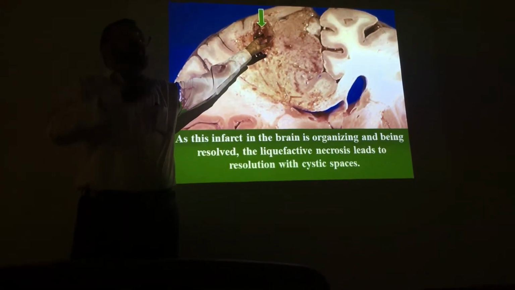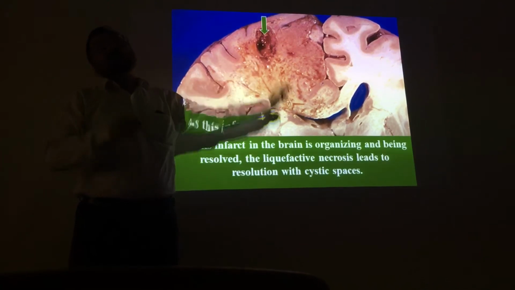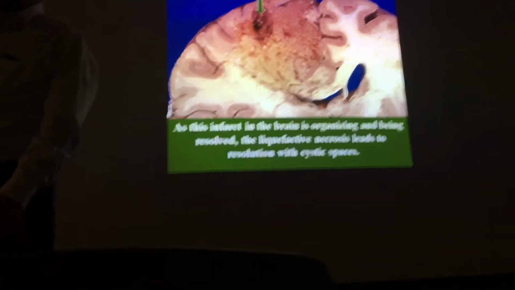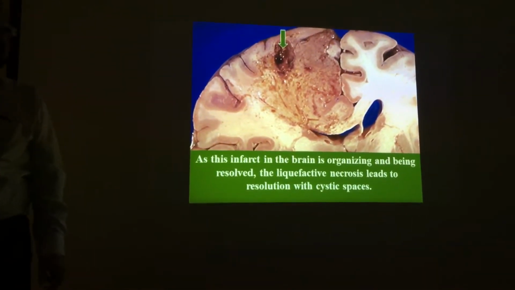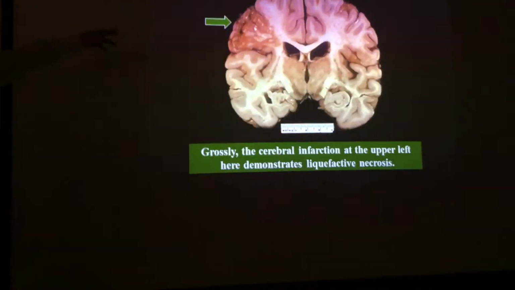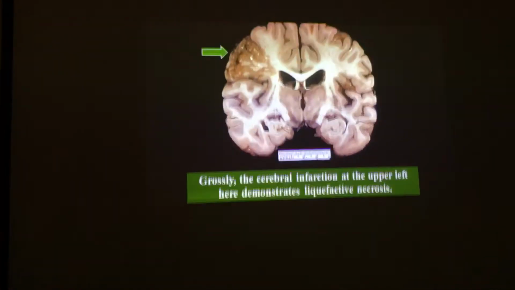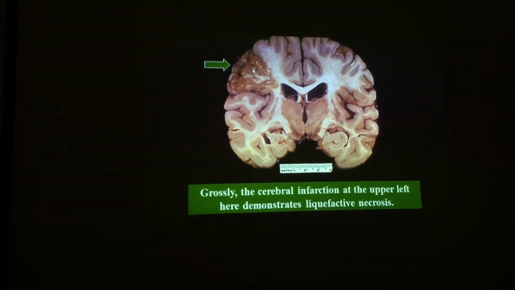In the brain, liquefactive necrosis is caused by ischemia. Liquefactive necrosis in other parts of the body is caused by infections. Very good. Now you can see another area. So ischemia of the brain leads to this liquefactive necrosis.